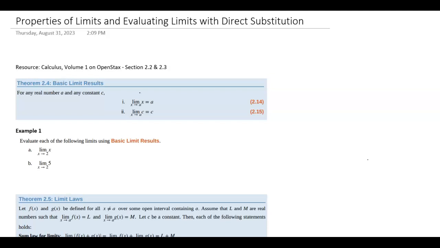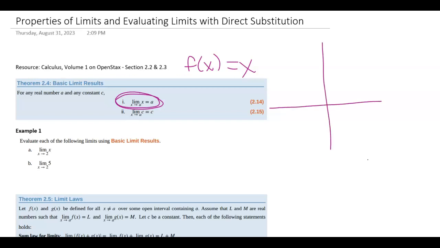If you have a linear function like this right here, then our actual f of x is x. And so as x goes to a on this line, that's just going to be your output, a, because it's the line y equals x.